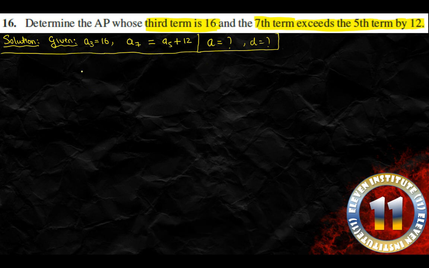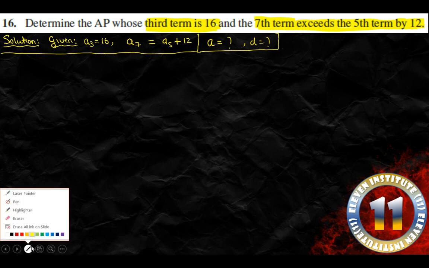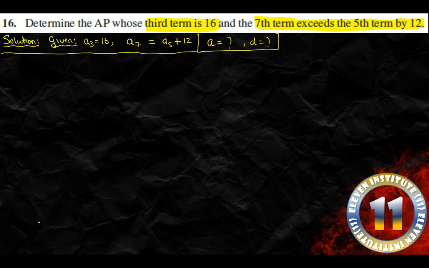So let us start from this data. The first data that is given to us is A3 is equal to 16. Right. So we can write over here A3 is equal to 16. Now instead of A3 we can write A plus 2D by applying the formula.